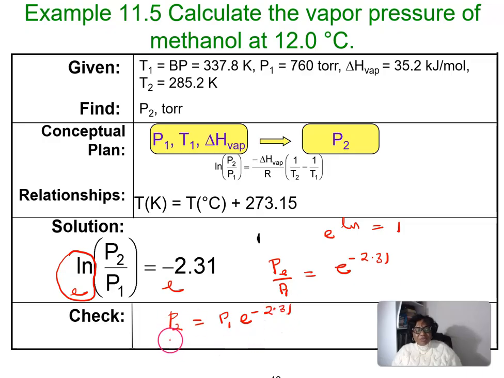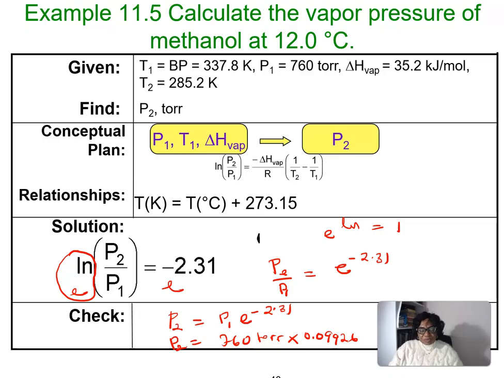And we know our P1, so P2 will be equal to 760 torr times e to the minus 2.31. So we'll have times 0.09926.